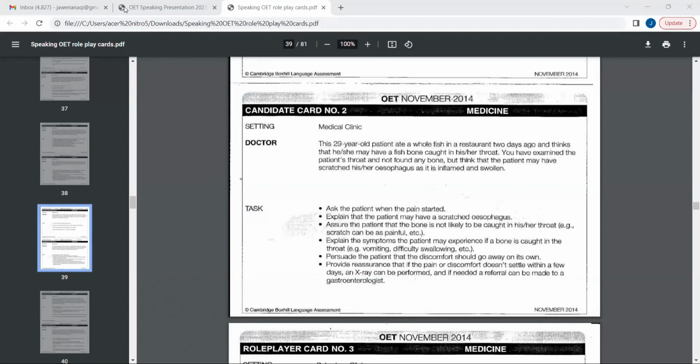I told you that it may be a scratched tube pipe, and there is no fear. What we can do is follow up the pain and swallowing condition. If there is an increase in pain or difficulty swallowing, we will do an X-ray image, or we can refer you to the gastroenterologist. Is that okay?